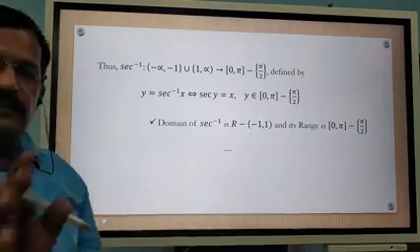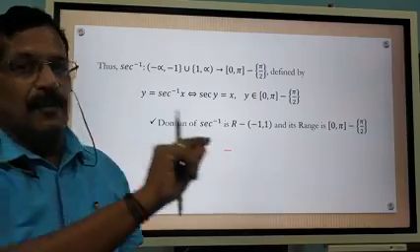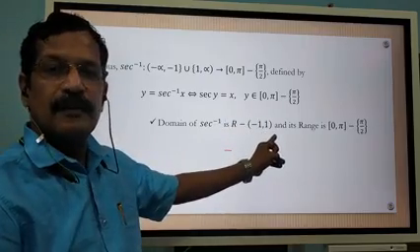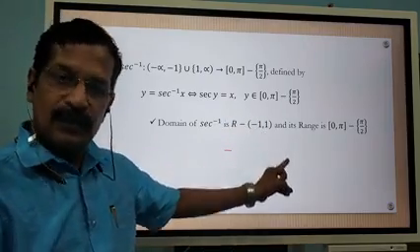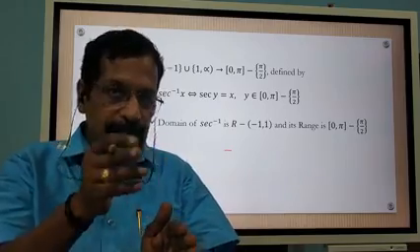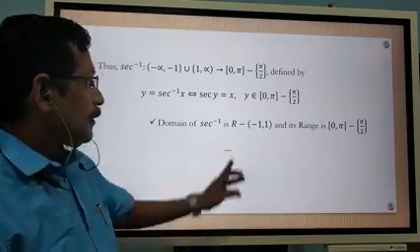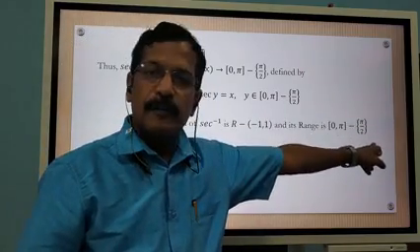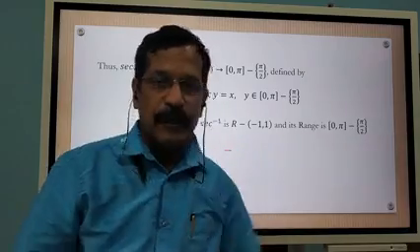So here also the same points are to be remembered. What is the domain of sec inverse? The domain of sec inverse is R minus the open interval minus 1, 1. Otherwise we can write mod x greater than or equal to 1. And the range is the closed interval 0 to pi minus the singleton set pi by 2.